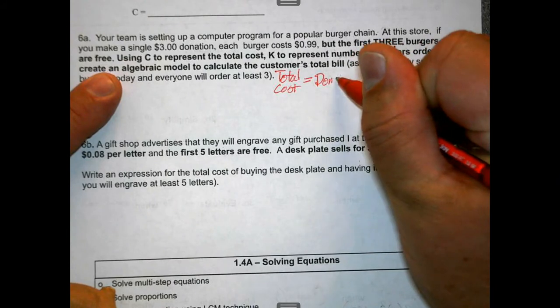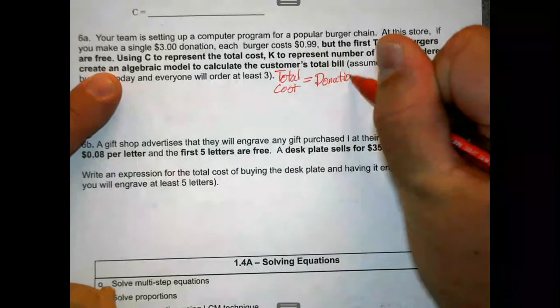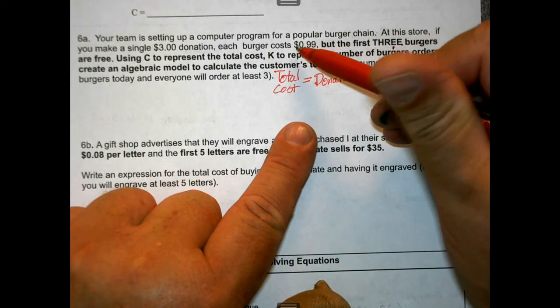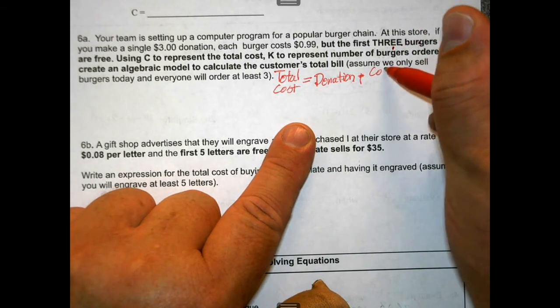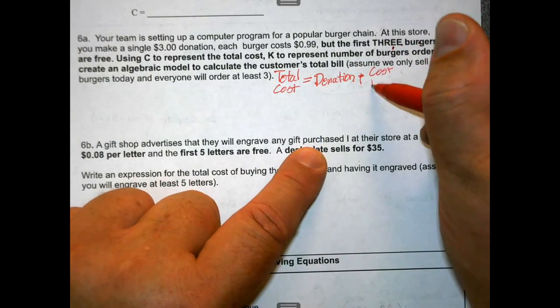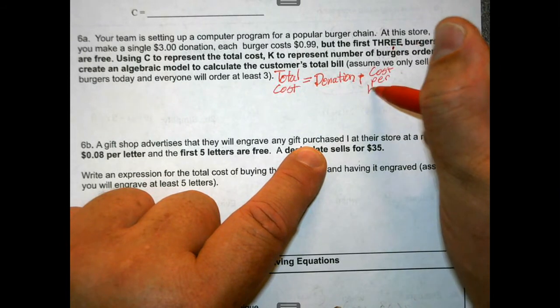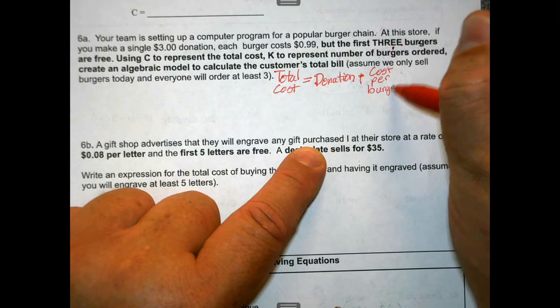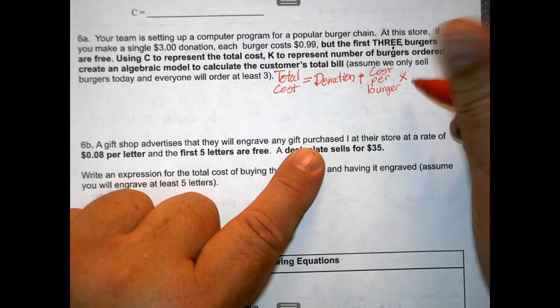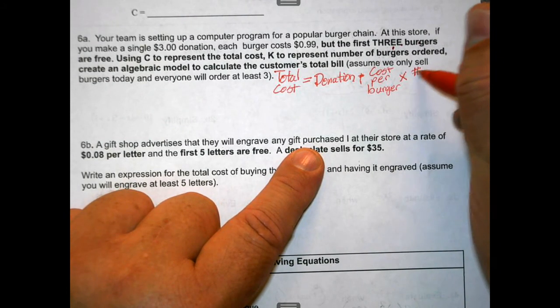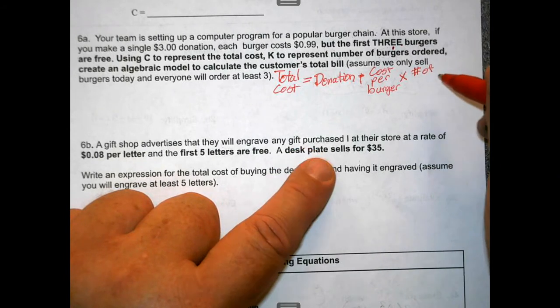Plus, we got the cost of each burger, right? And then we're going to multiply that by the number of burgers that we ordered.